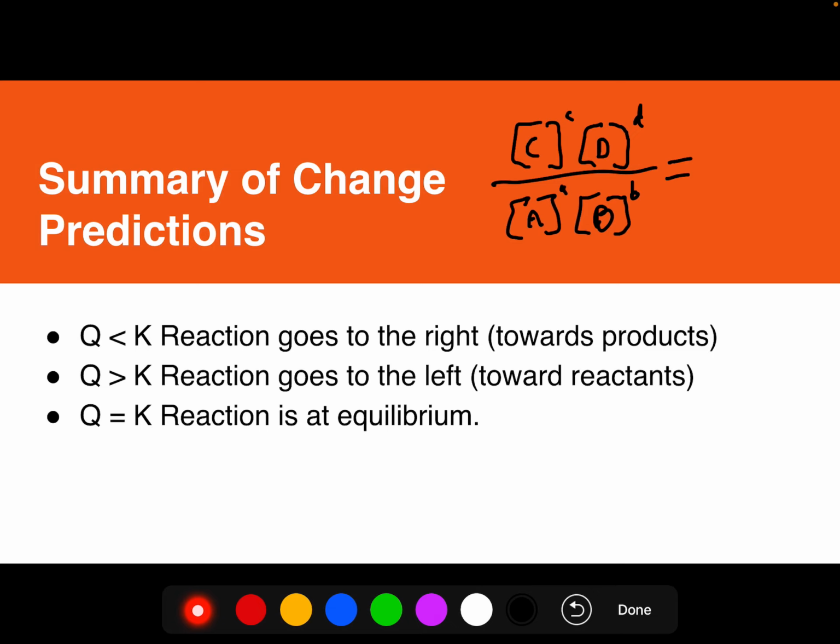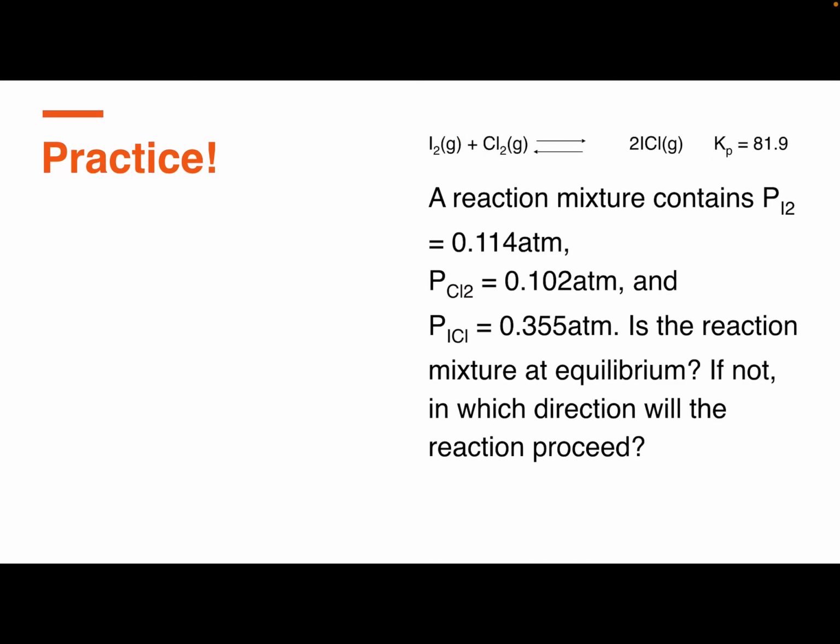If Q is greater than K, that means we would have more products than reactants at equilibrium. Okay, so the ratio at equilibrium is a certain thing. If Q is greater than that, that means we have too many products and not enough reactants. So the reaction will actually go backwards. And then if Q and K are the same thing, that means we are at equilibrium. Hopefully that makes sense.